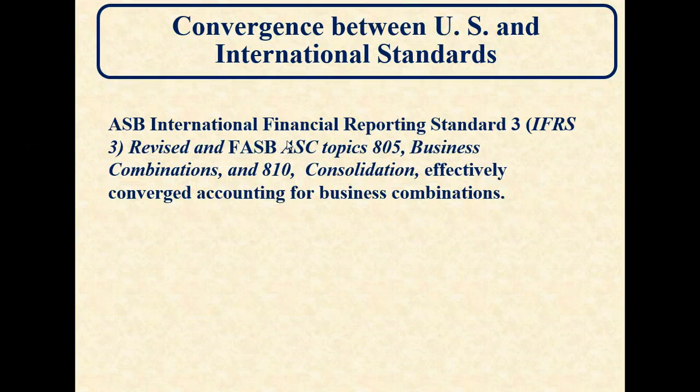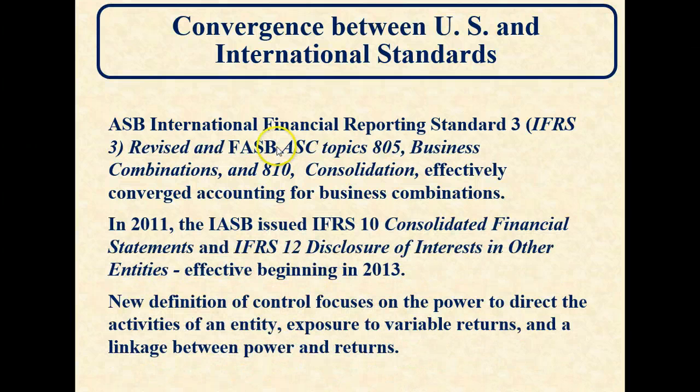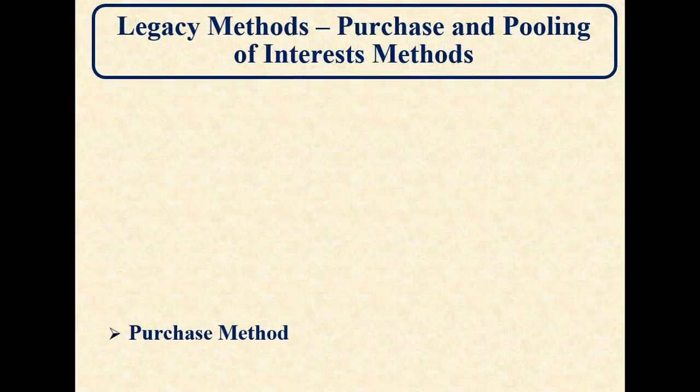In that case, we're going to keep it on the books. For purposes of goodwill, if we purchase a company that has goodwill on their books, we're going to wipe that out and create our own goodwill. We're not going to continue that on the books when we consolidate.